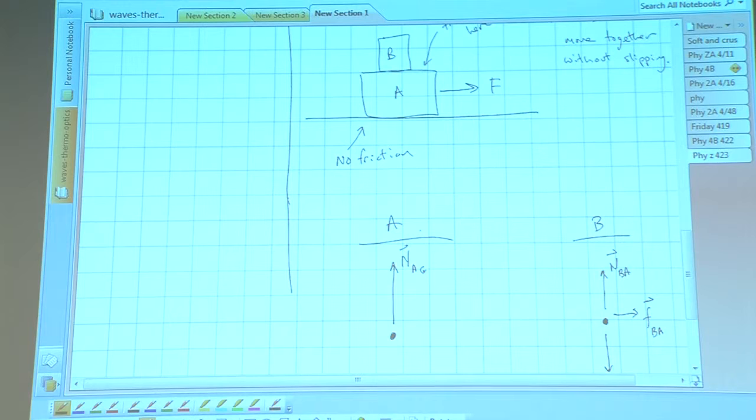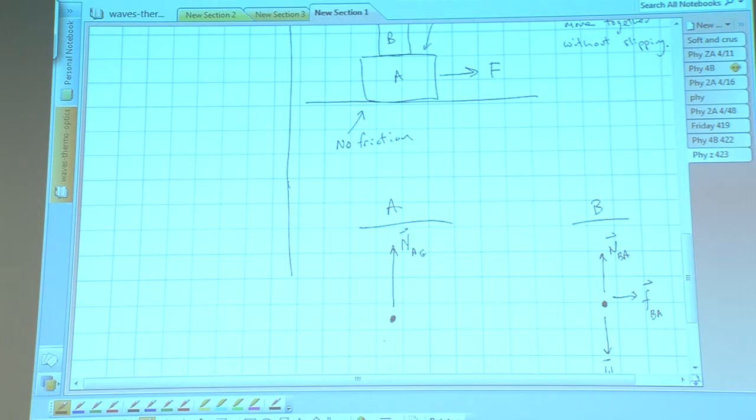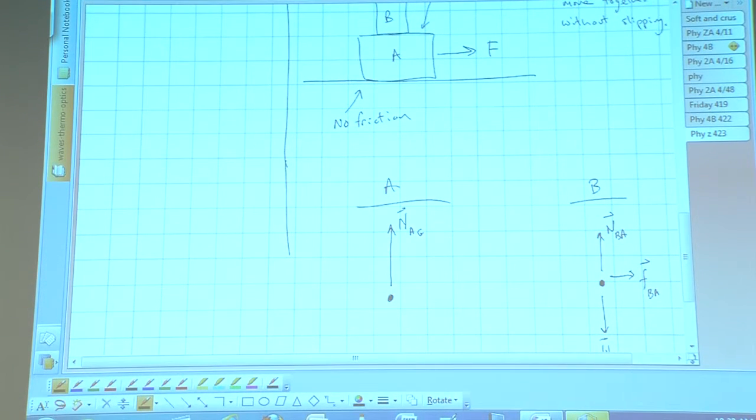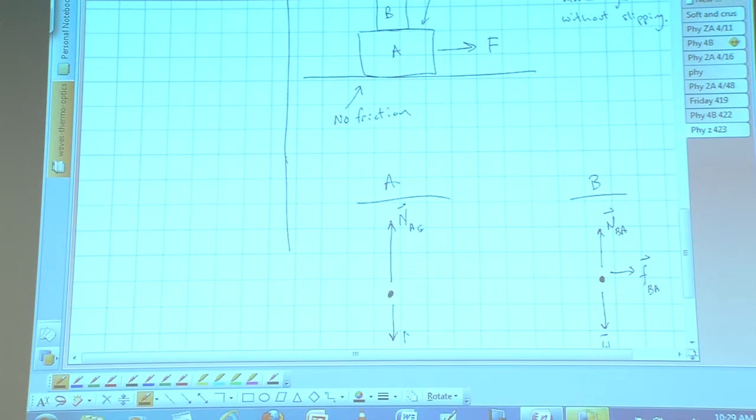What direction is the normal force? Down, right? The surface from B can't pull on A. It can only push. A surface can't pull on something. So B is pushing down on A.